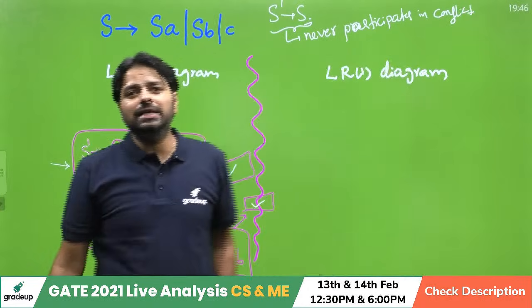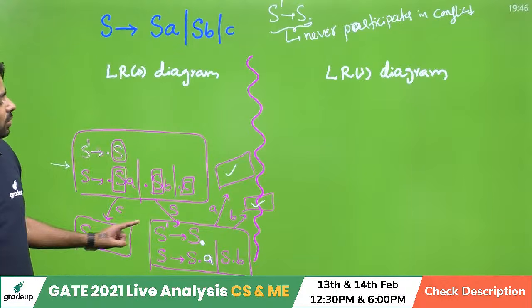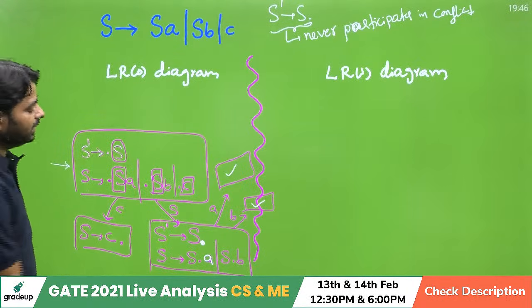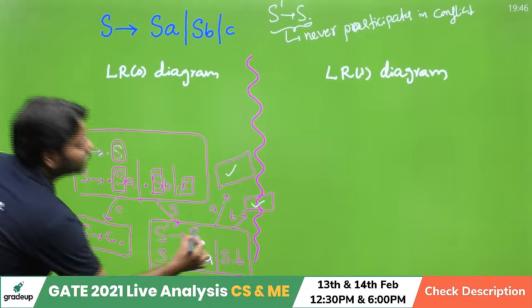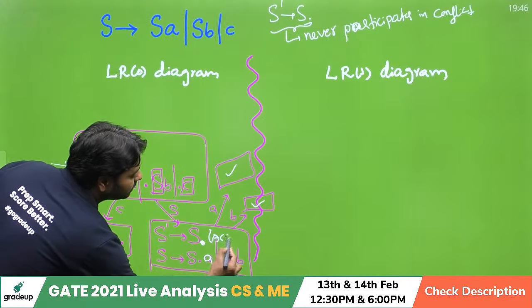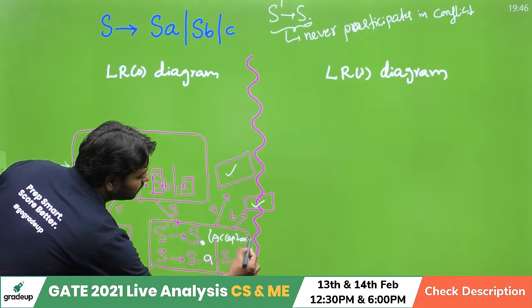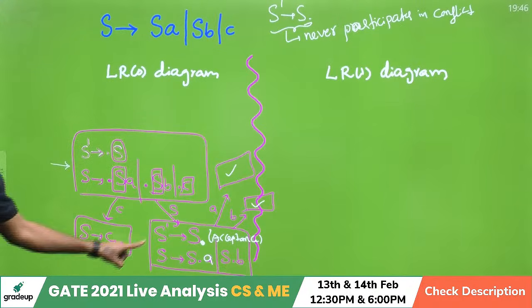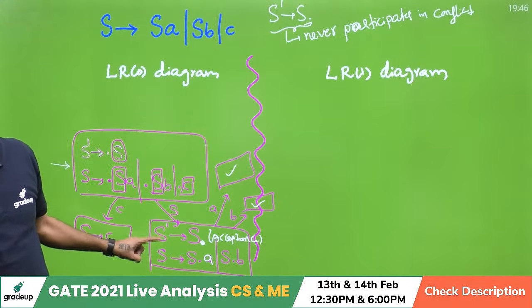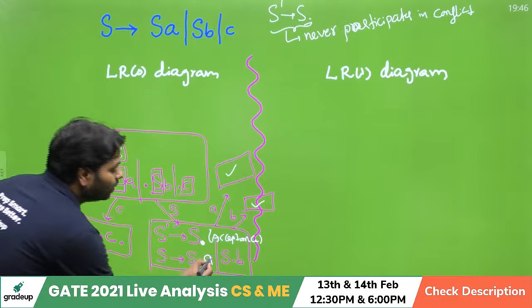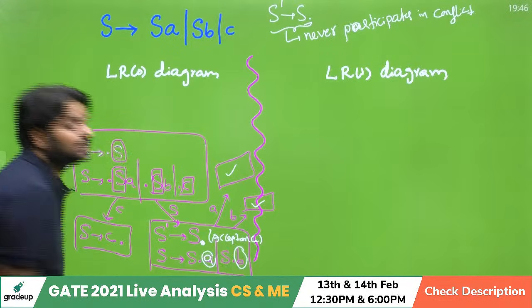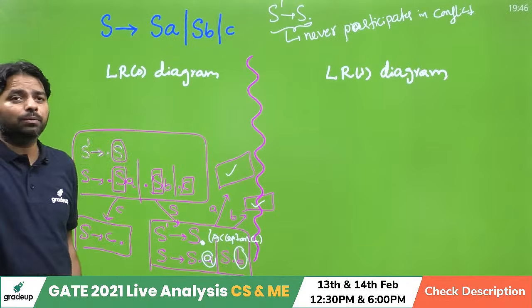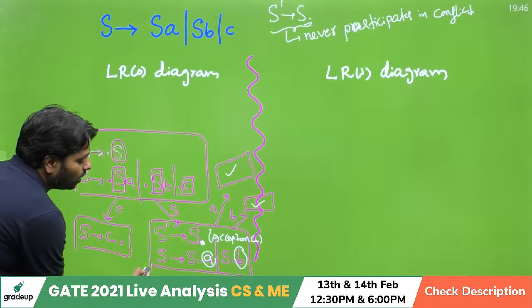Even though it is a reduced item, it is an acceptance item. So we never look at that item to produce a conflict. So here we only have a shift item, but there is no reduced item that can produce a conflict. We say here no conflict.